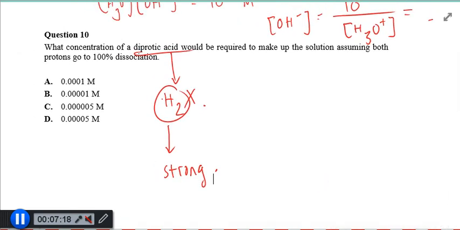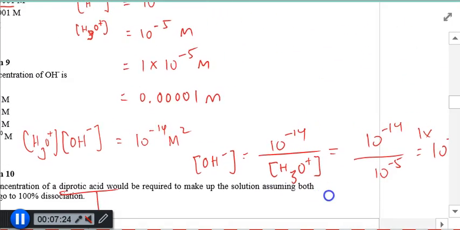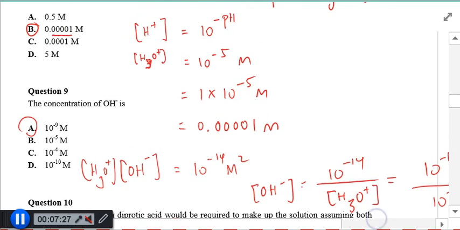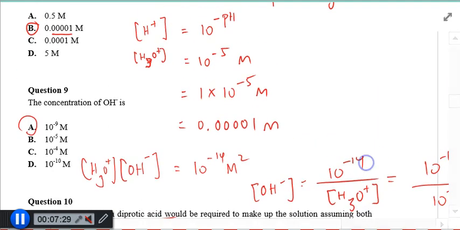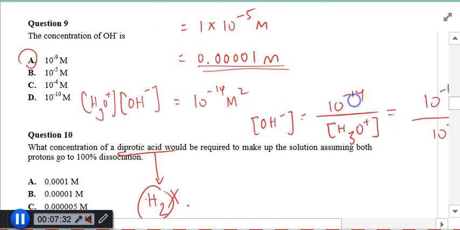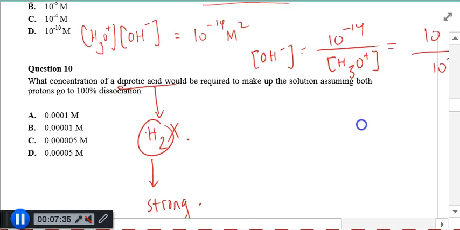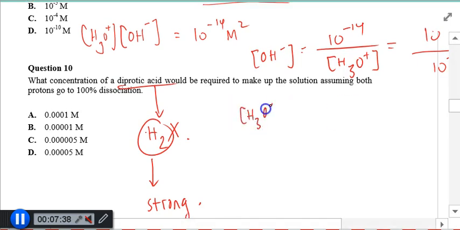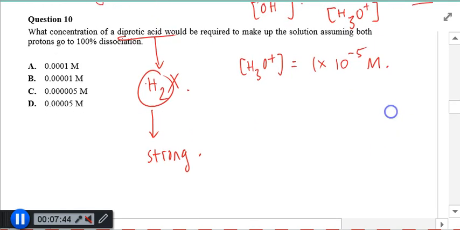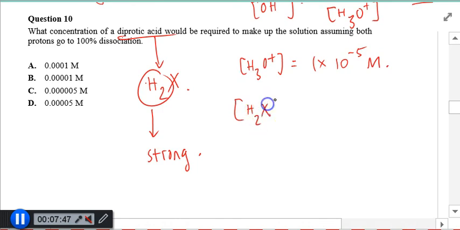So this, just looking at it straight away, is a hard question, but we can work it out backwards. So if this is the concentration of hydronium ions that we need to get a pH 5 solution, 1 times 10 to the negative 5 molar, and we have a diprotic acid that is strong, the diprotic acid, which has 2 equivalents of protons each, you would have to have half as much of that in order to get as much hydronium as you need.